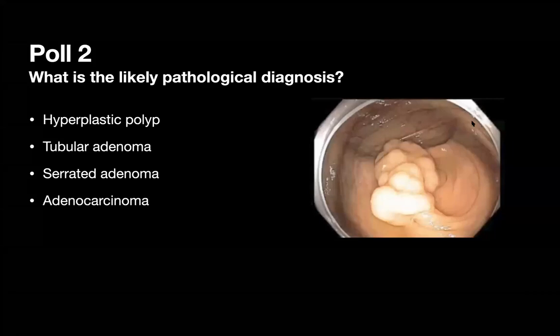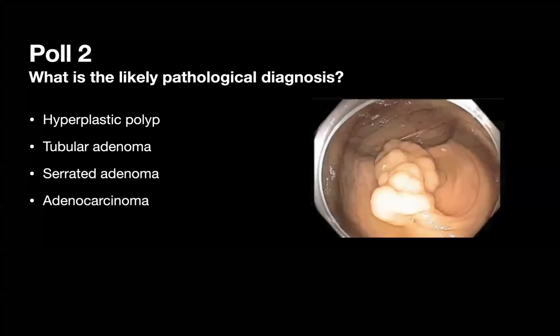Sorry about that. Sylvia, you may want to comment on that while I'm trying to get that sorted. Yes, I would go for an adenoma. I don't see the color of the lesion very clearly, but in my opinion, it is somewhat darker than the surrounding mucosa. So that is why I would not choose hyperplastic polyp.